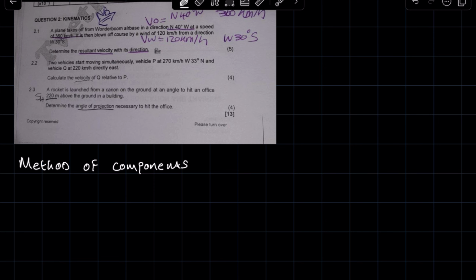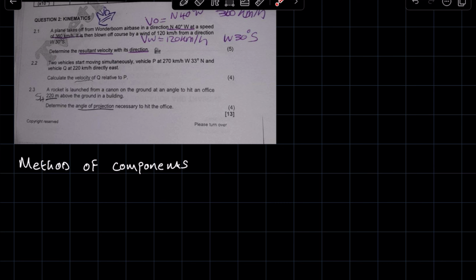For the first two videos on this playlist, we'll look at the two cases, and for both cases we are going to use the method of components. In the videos that come after that, we'll look at the same questions but now using the parallelogram method.